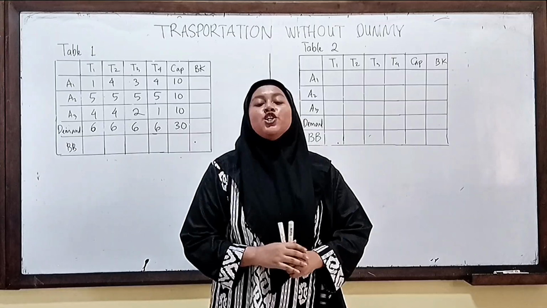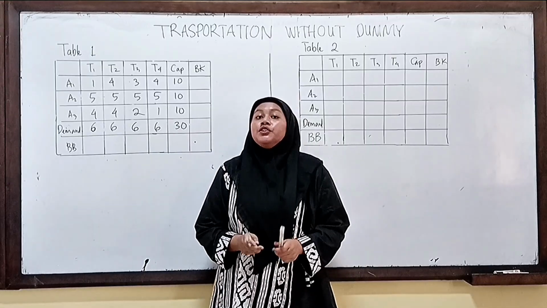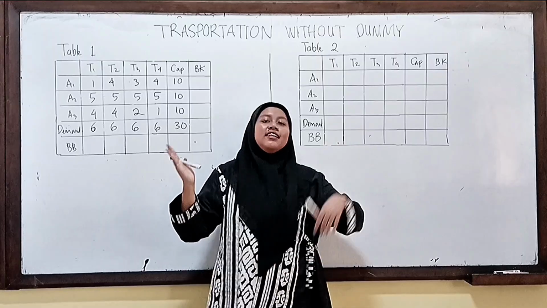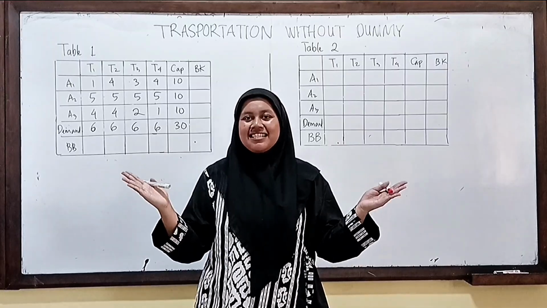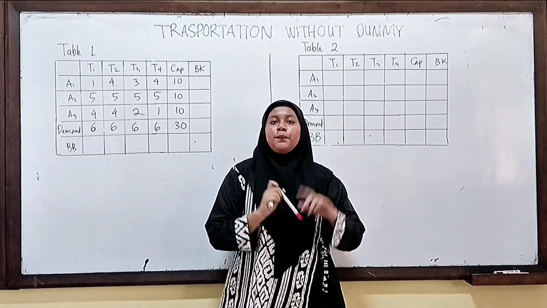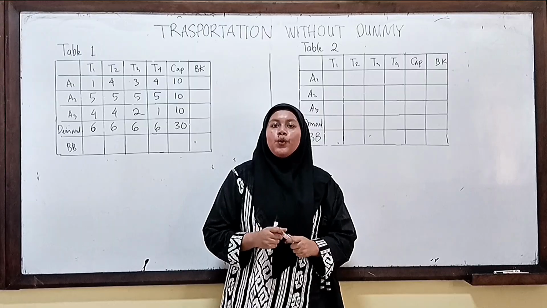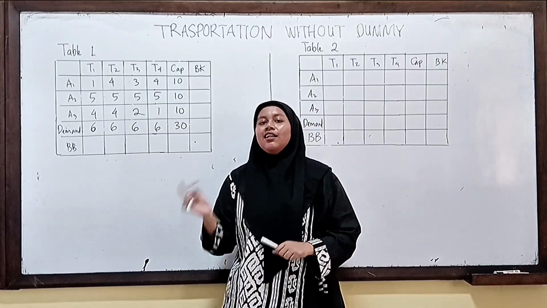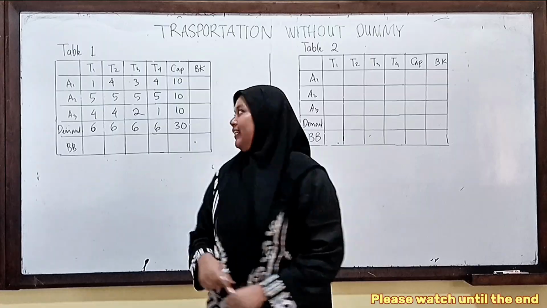So let's go. Hello friends, today we will discuss how to solve the transportation problem when the demand and the capacity are unbalanced. Like in part A, we don't immediately add a dummy at the beginning. So let's see what will happen.